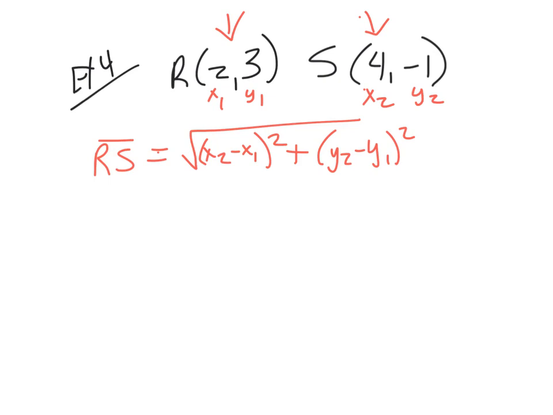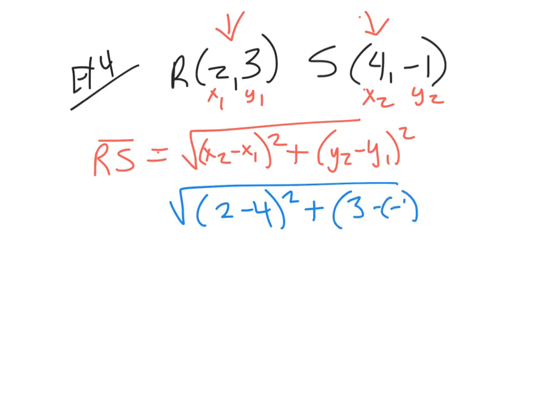We have the square root of 2 minus 4 squared plus 3 minus a negative 1 squared. And you see when I say minus a negative 1, I do a double parenthesis thing going on over here. I do that because when you have a negative next to a negative, what does that mean? It's a positive.